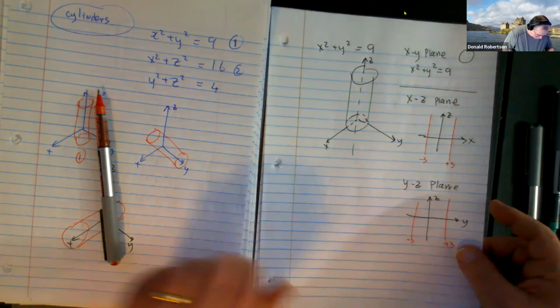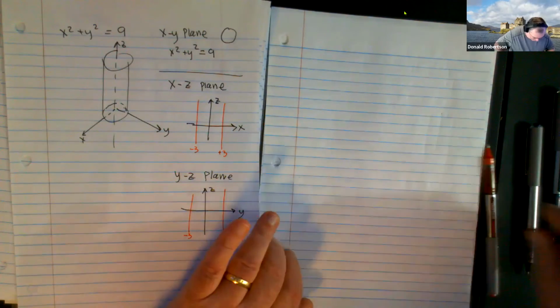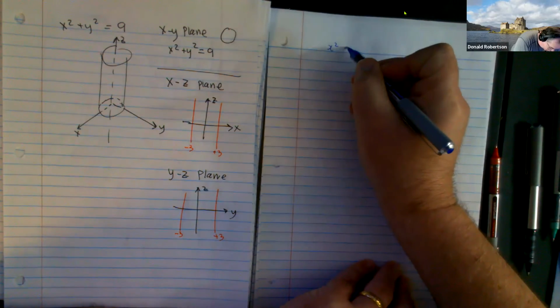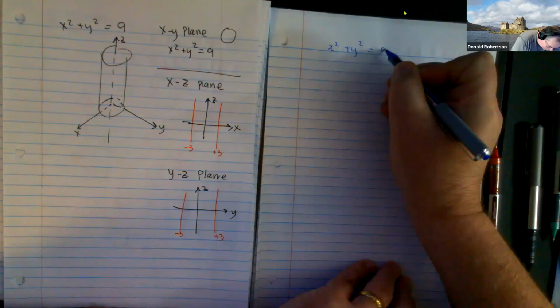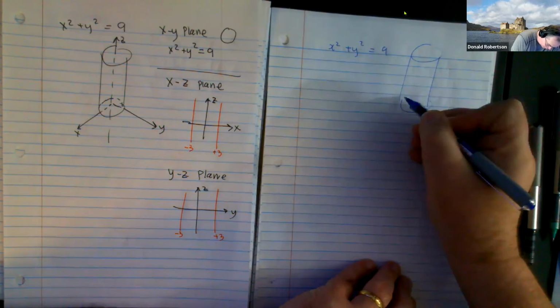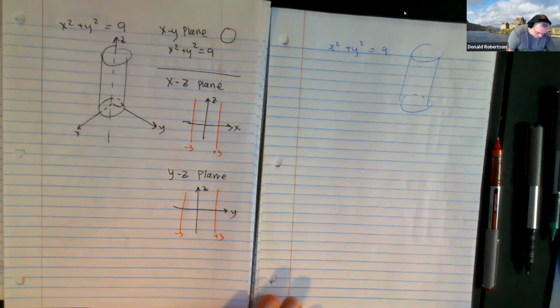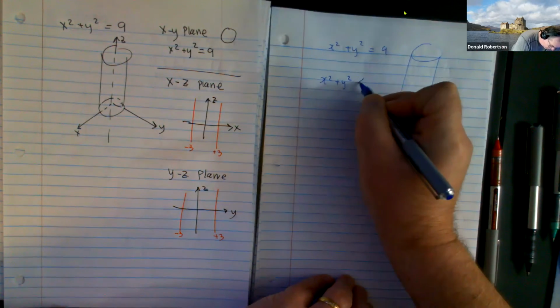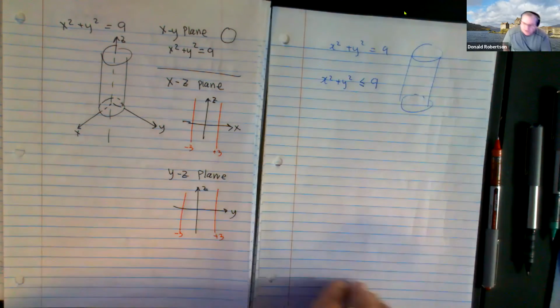Let's put inequalities into it then. If x squared plus y squared equals 9 only means the surface, right? Only points on the surface of that cylinder. What does x squared plus y squared less than or equal to 9 mean?